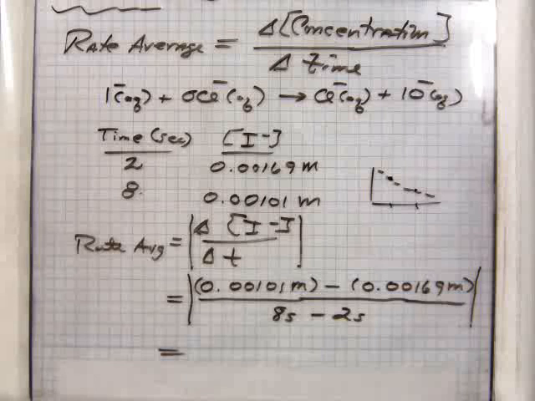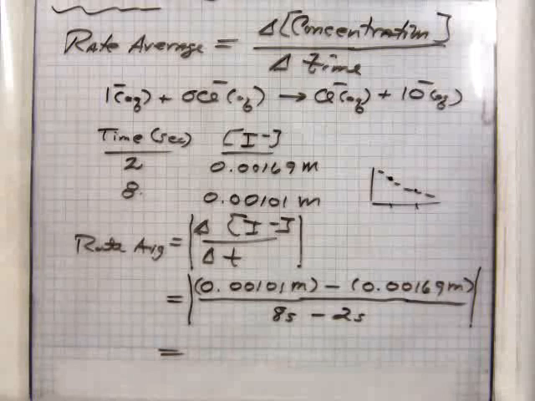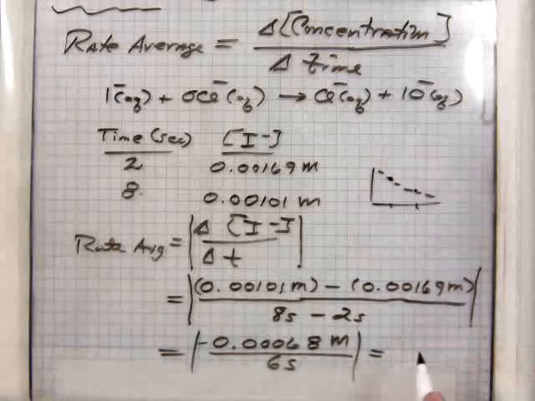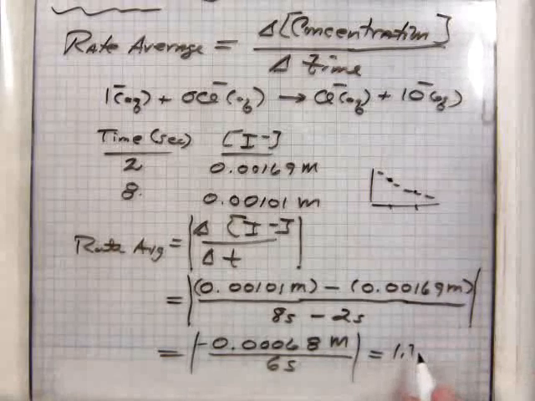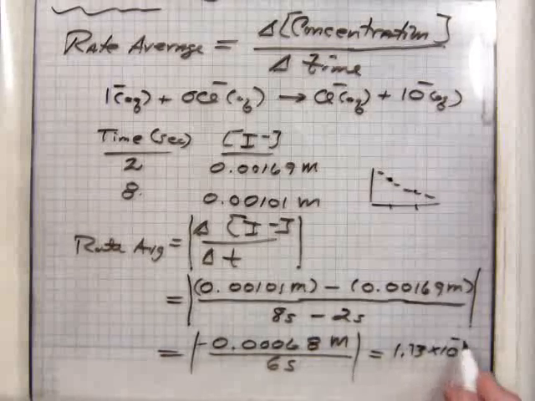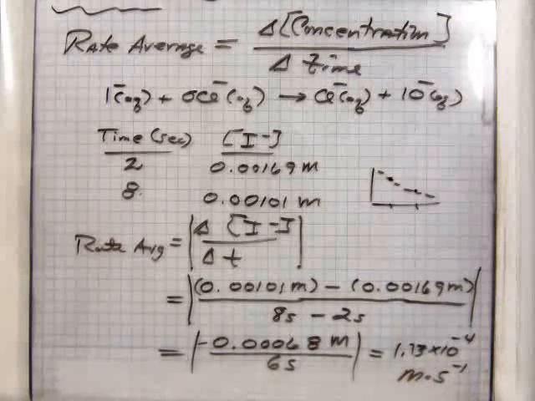A rate is a rate is a rate. So when you make this calculation, you just want to leave it in a positive format. So I got 1.13 times 10 to the minus 4. I'll clean that up some.